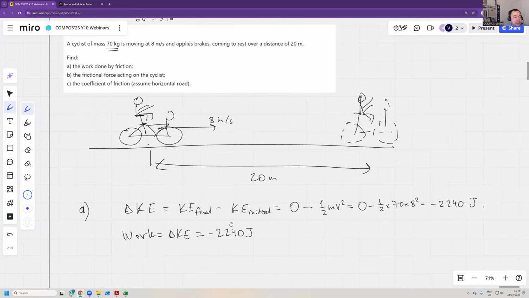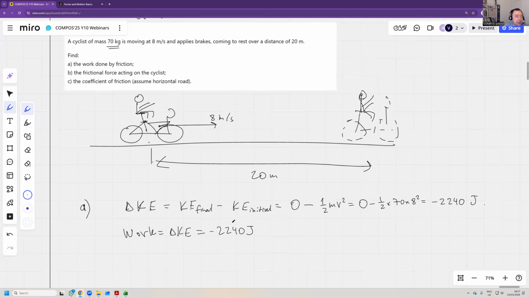Right, so the work is minus 2240. And yes, the frictional force, B. Work, we know, is the force times distance times cosine theta. The angle is 180 degrees, so it's the force times 20 times cos 180, which is negative 1.